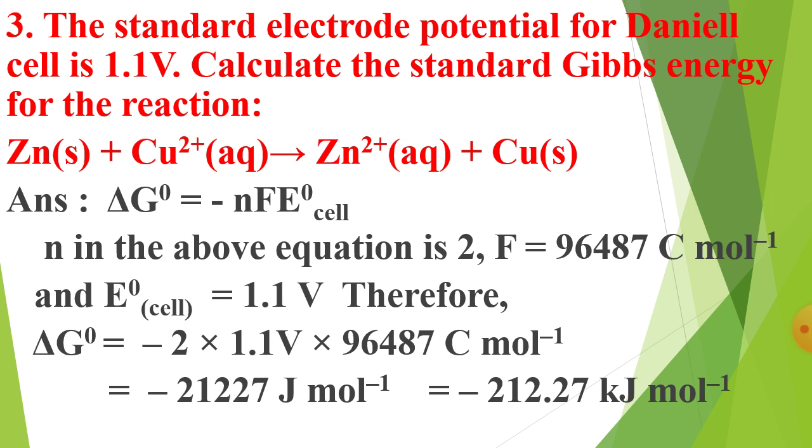So we find the answer, minus 212.27 kilojoule per mole. In this way, you can calculate ΔG° by putting the given values in the formula. So this is the most important formula. Many times questions are asked directly from this formula in board examinations.